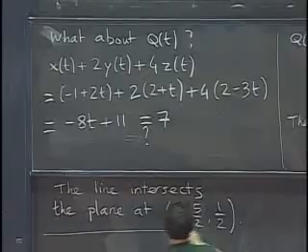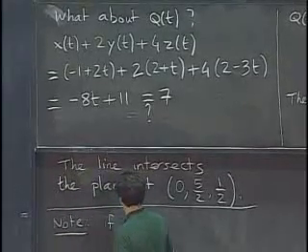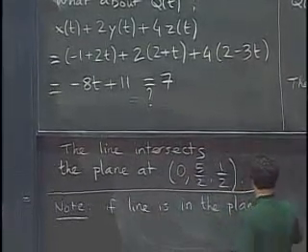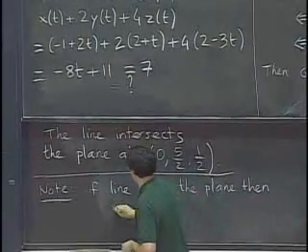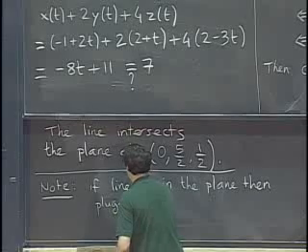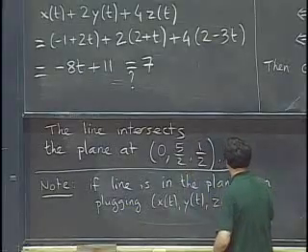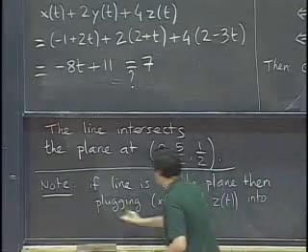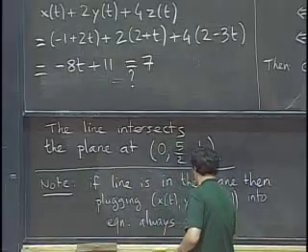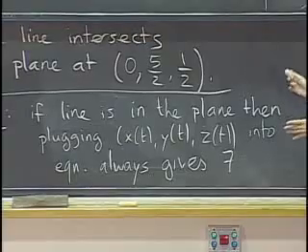So maybe I should write this down. So if a line is in the plane, then when we plug x of t, y of t, z of t into the equation, we always get, well, here in this case, 7, or whatever the value should be for the plane.